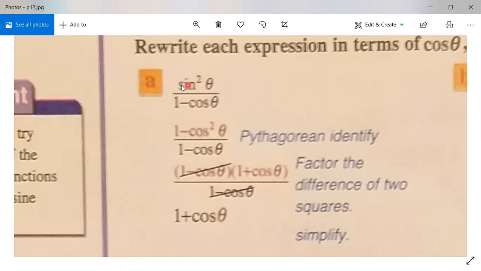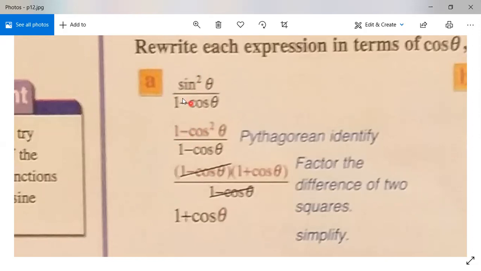What you do in the exam: you have sine square theta. To solve or to prove this equation, we have an identity. Sine square theta is equal to what? 1 minus cosine square theta. So we change sine square to 1 minus cosine square.